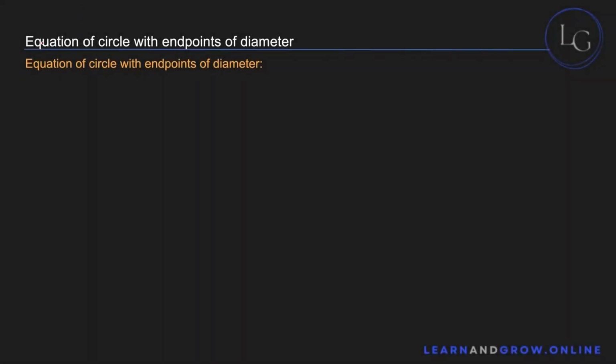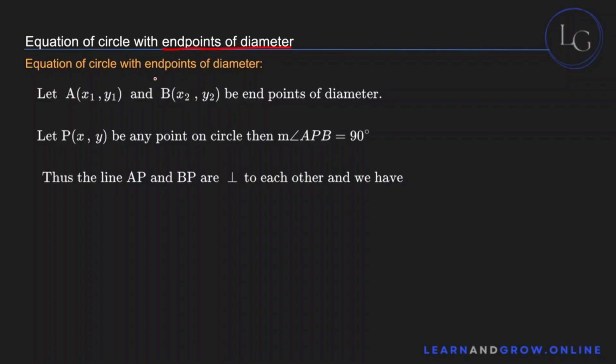Now let's see what the equation of a circle is using the endpoints of its diameter. So let's say that A and B are the endpoints of the diameter of a circle. So again, let's draw the coordinate axis, the x-axis, this is the y-axis, and let's say that you have this as the center of the circle, and let's say this is the circle, forgive my drawing.